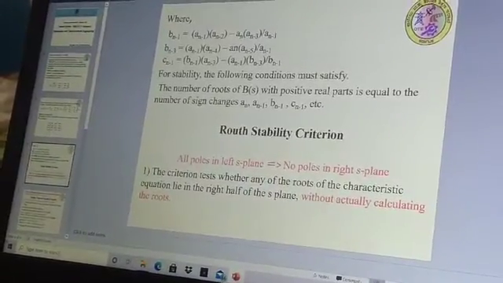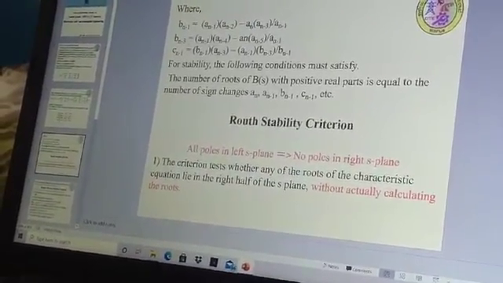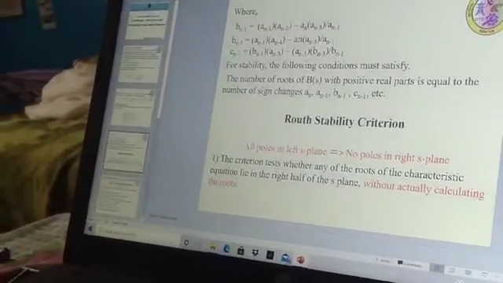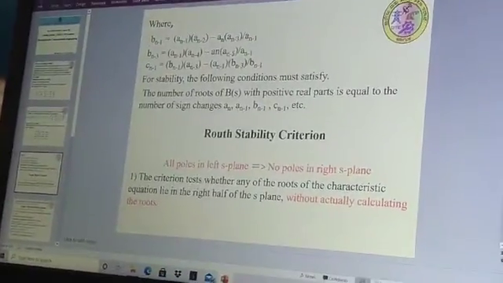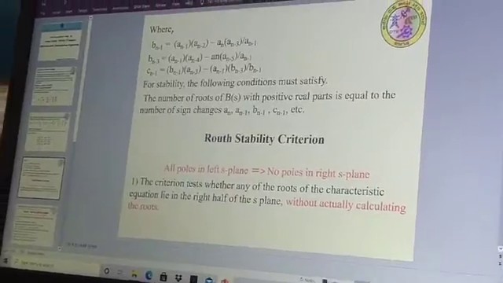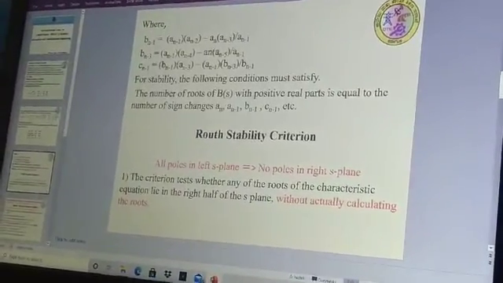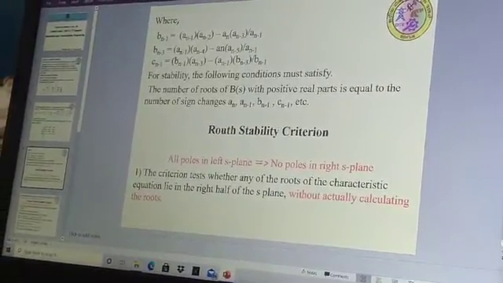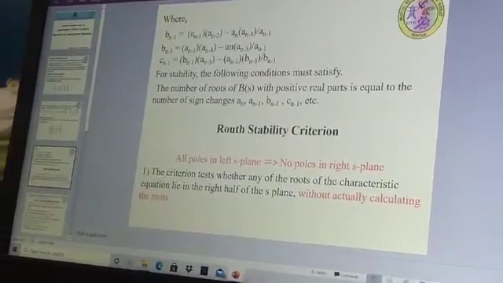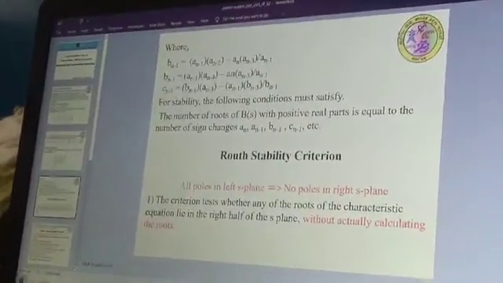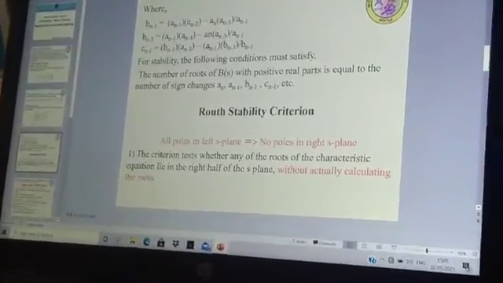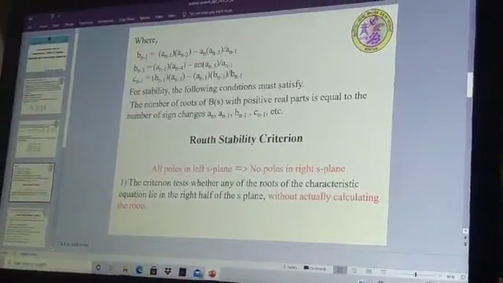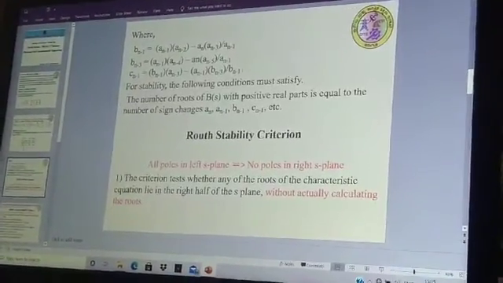Similarly, bn minus 3 is equal to an minus 1 into an minus 4 minus an into an minus 5, divided by an minus 1. Similarly, cn minus 1 can be calculated as bn minus 1 into an minus 3 minus an minus 1 into bn minus 3, divided by bn minus 1.